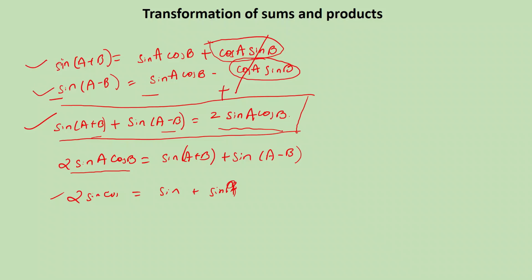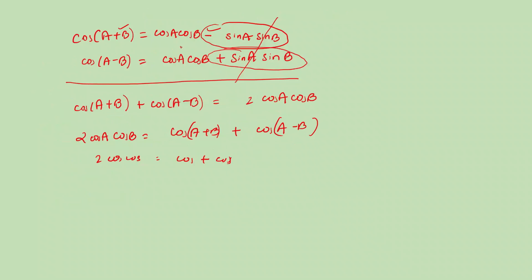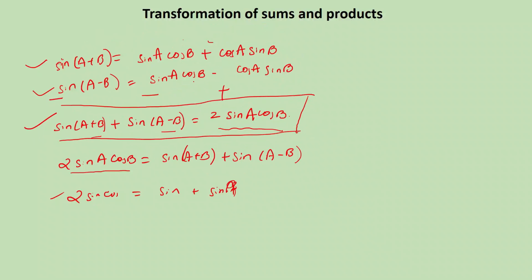So instead of these terms getting cancelled, what we have is this thing getting cancelled. So what we'll be left with is sine a plus b minus sine a minus b. You just subtract it like any ordinary equations.